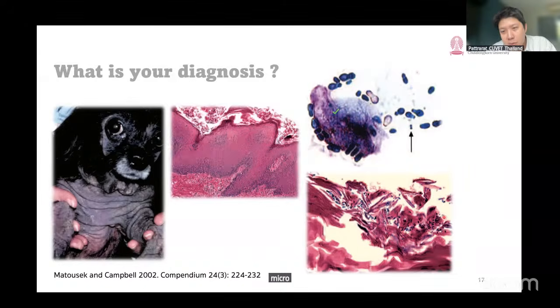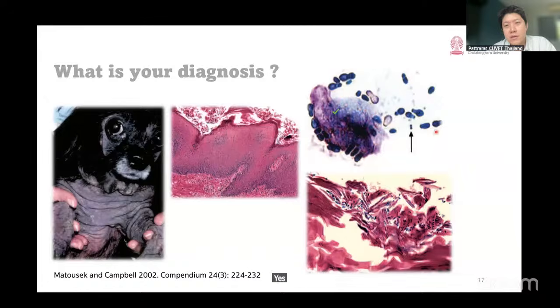microbial multiplications. When we zoom in, what is this? This is a cell, right? This is a corneocyte of skin.